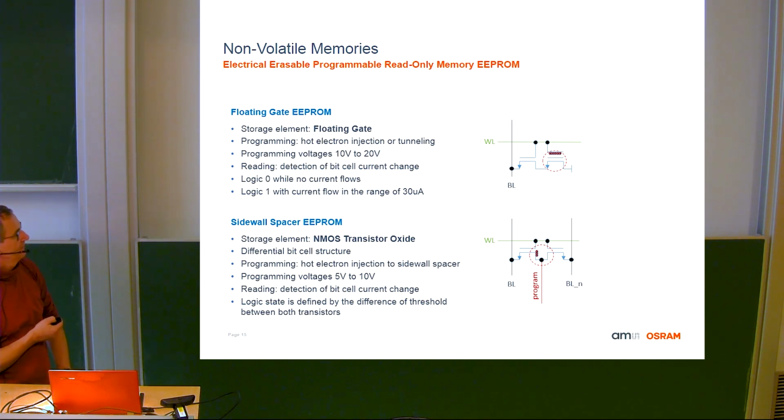Disadvantage is, of course, the distance between an optimized poly to the next poly is somewhere in the range of a few nanometers. The distance between a poly and the next possible metal, which is the metal on top, is something around a few hundred nanometers. So the capacitance which you can build is related to the distance between two plates.